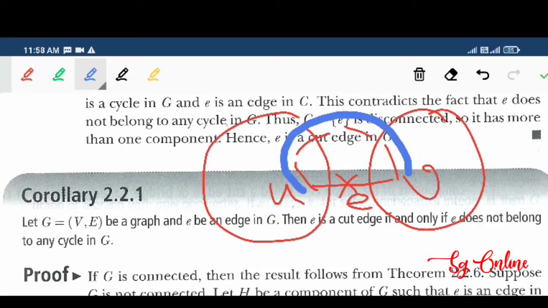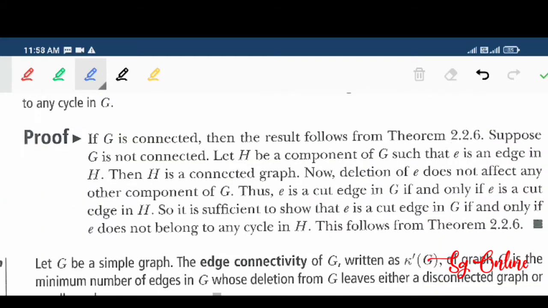The graph was originally connected, so now it splits into two components, and in one component is one endpoint of E and in the other component is the other endpoint of E. But if E were a part of a cycle, then there should be a path avoiding E between U and V, and that means that two vertices of these two components are connected by a path, and that is a contradiction, and therefore E cannot be a part of any cycle. So this proves the direct part.